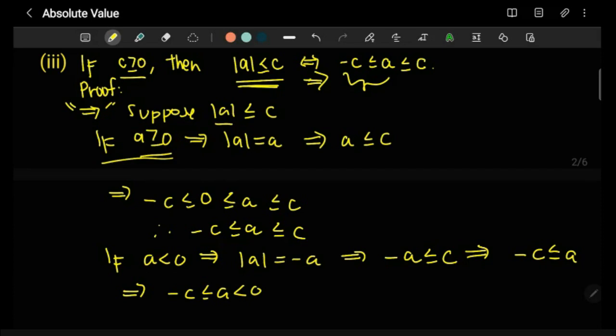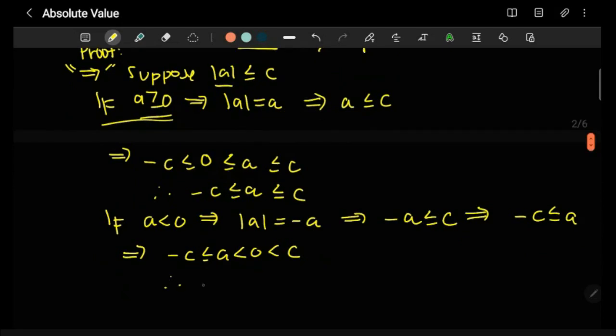But 0 is always less than C because C is positive. So we have the following inequality: negative C is less than or equal to A, A is less than or equal to 0, and 0 is less than or equal to C. And we will remove 0 in the inequality. So A is less than or equal to C. Alright?